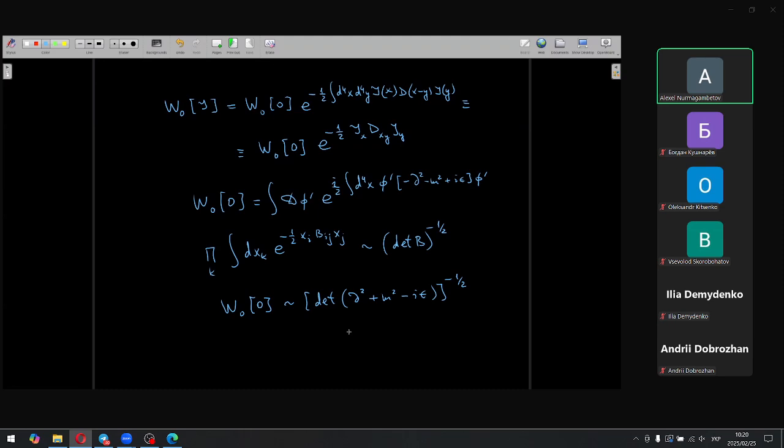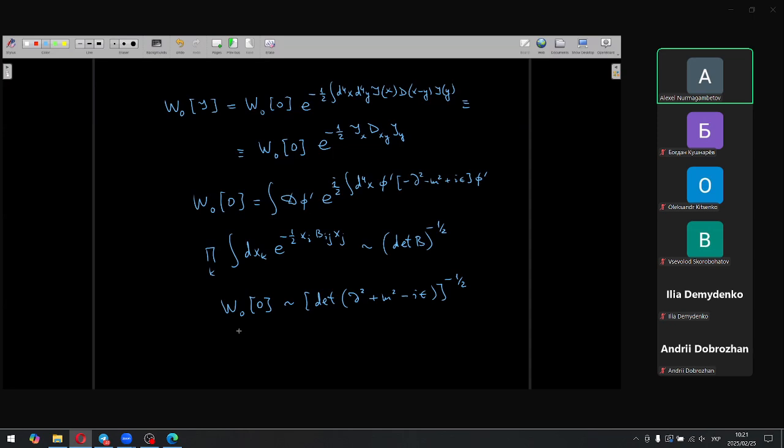In most applications, to be concrete, the explicit expression of this determinant is irrelevant, but it becomes important when we try to figure out some special so-called topological properties of the vacuum or the properties of the zero modes and so on. So the explicit form of W0 with zero source will not be so important for our situation.